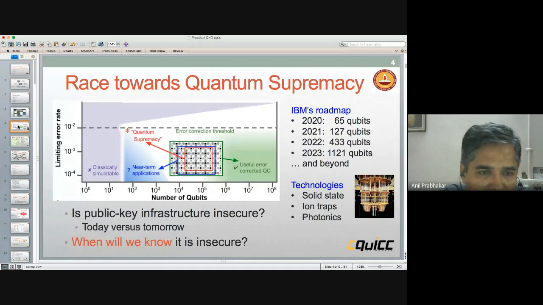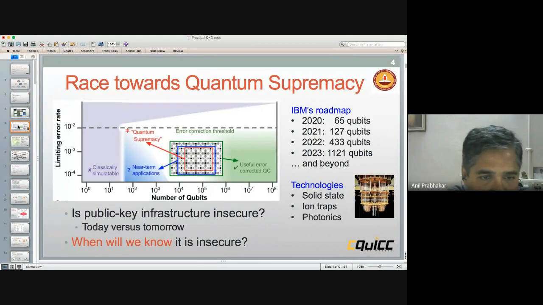The holy grail for us is what is called public key encryption, and that is how we do all our digital transactions today, whether it is banking or filing taxes. That encryption relies on what we call computational strength. We are assuming that there is no classical computer that can break it. But when there's a quantum computer, we know that it is insecure, and that becomes a problem for us.